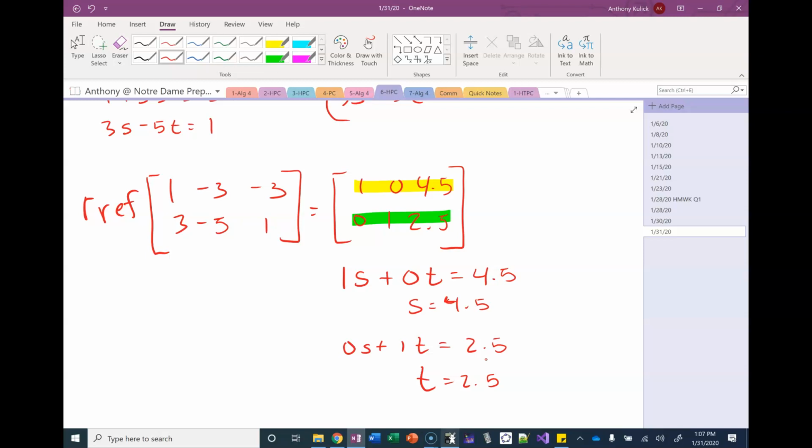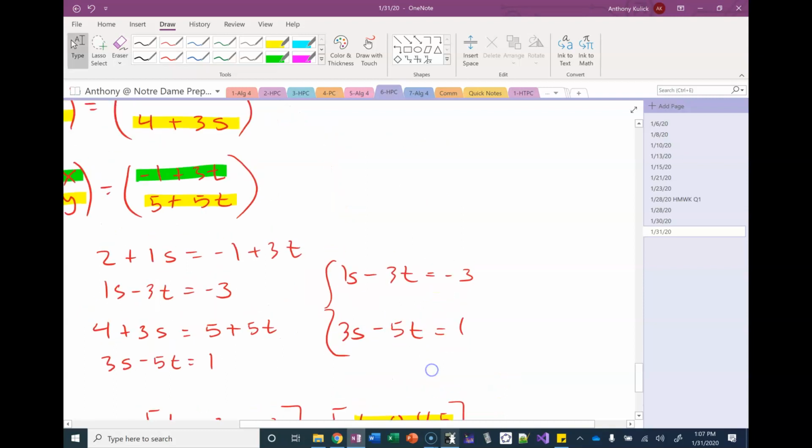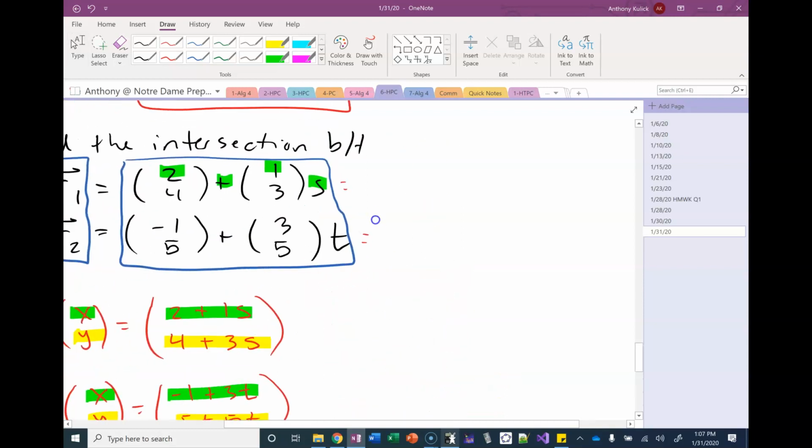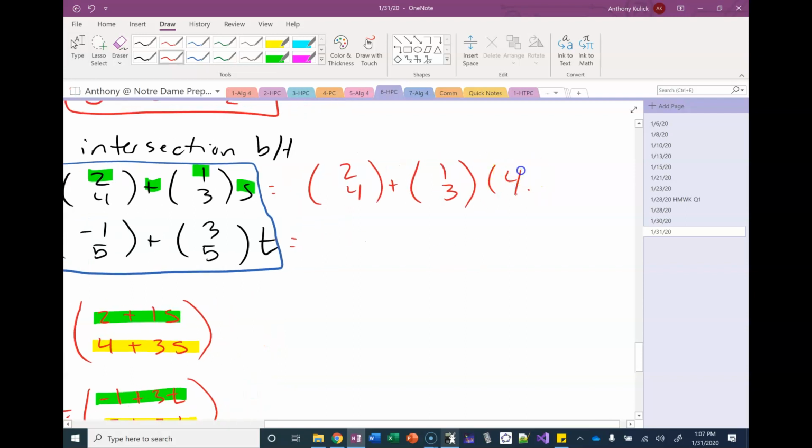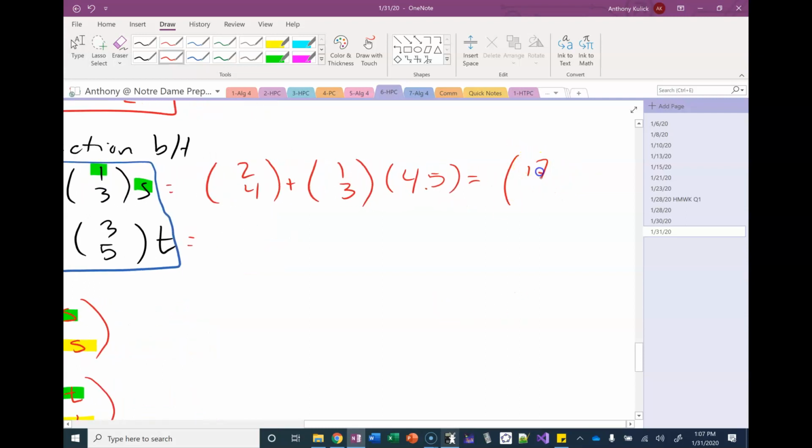So, now what do I do? I have values for s and t. Is that my point? No, right? These are parameters. So I'm going to take either one. It doesn't matter. For the sake of argument, let's take s. And we're going to plug that back into our original problem here. And when I do that, I'm going to get 17.5, 4.5.